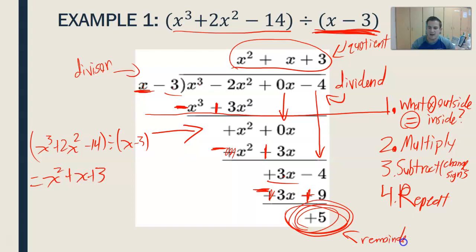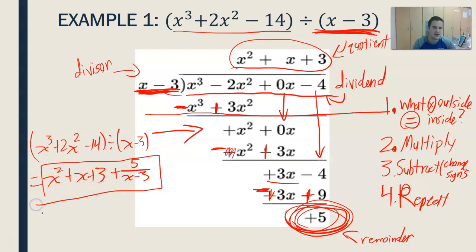My remainder means that this doesn't divide perfectly into this, so I have this as a remainder. So I have x squared plus x plus 3, and my remainder is 5 divided by my original divisor, x minus 3. That would be my final answer: x squared plus x plus 3 plus 5 over x minus 3.